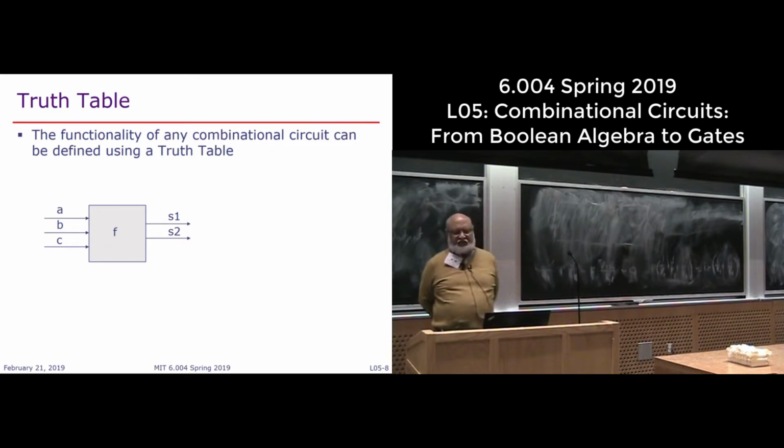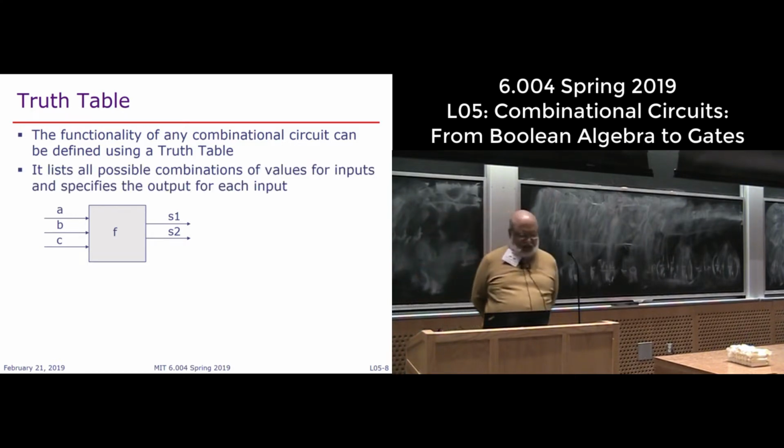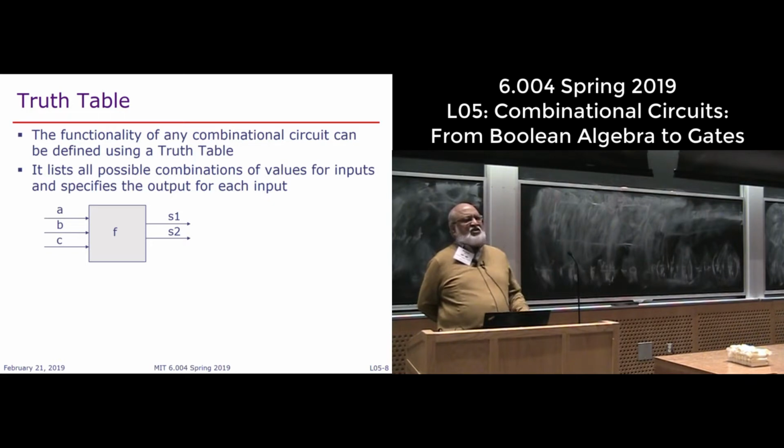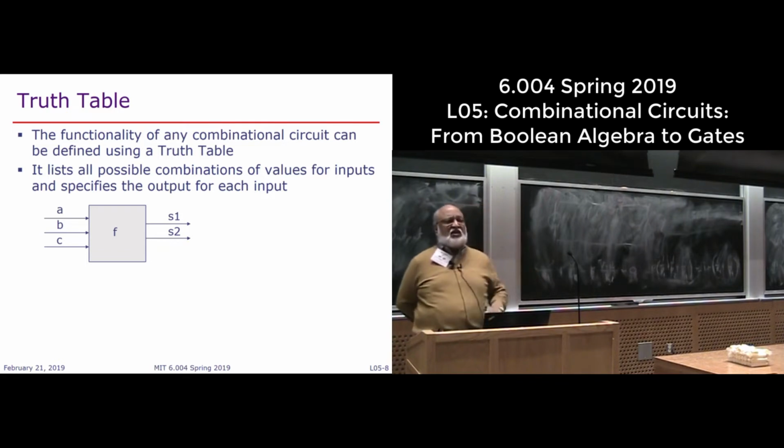Truth tables. We already saw baby truth tables for all these operators I showed you. But in general, if I have to write down a Boolean function f from A, B, C, which produces S1 and S2, I can always describe this using a truth table. A truth table simply says: tell me all the inputs, and for each input, give me an answer.